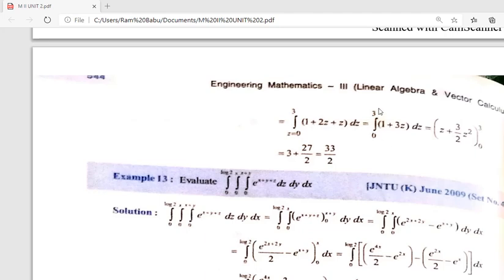Adding 2z and z we get 1 plus 3z dz, with limits 0 to 3. Now since the limits are z equals 0 to z equals 3, we integrate with respect to z. On integration we get the integral value of 1 is z, plus the integral of 3z is 3 z square by 2, from 0 to 3. Apply the upper limit and lower limit, we get this result.